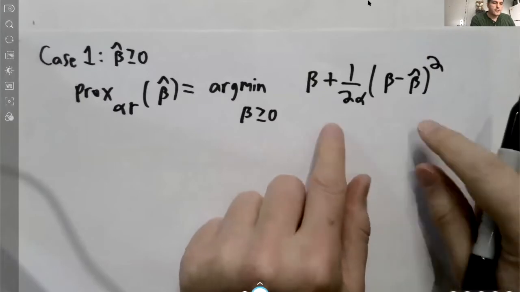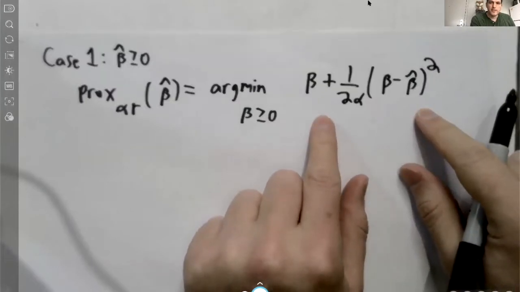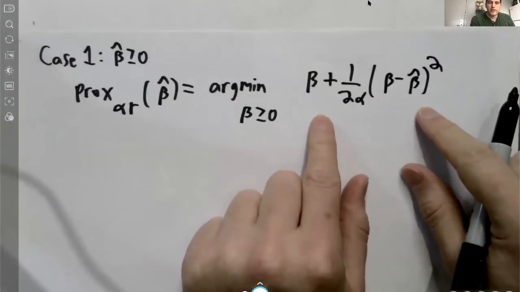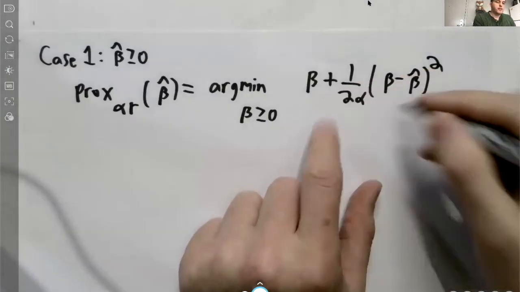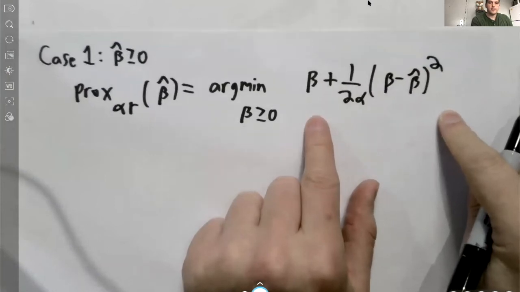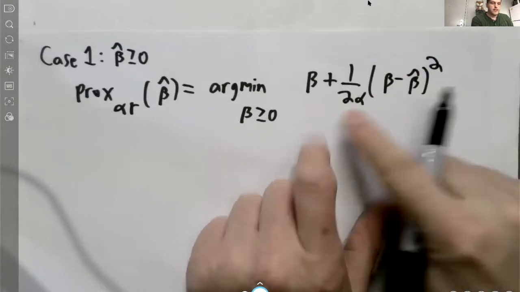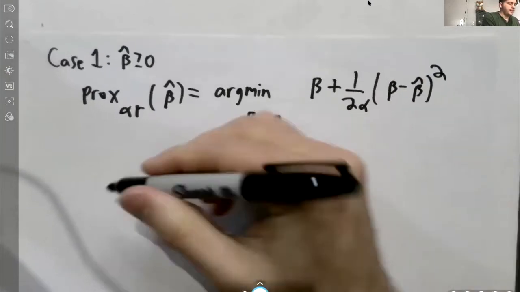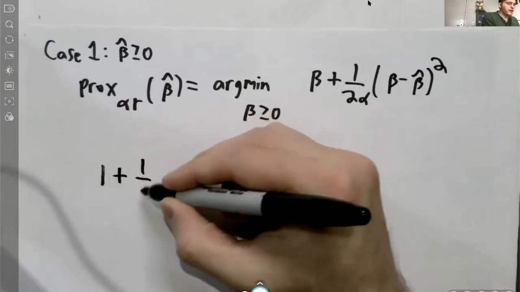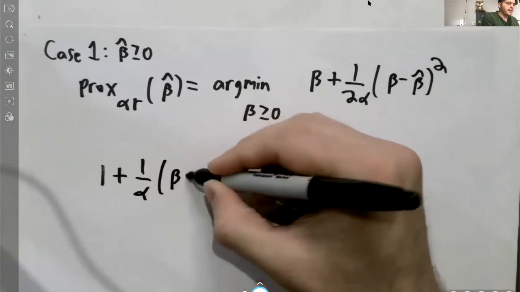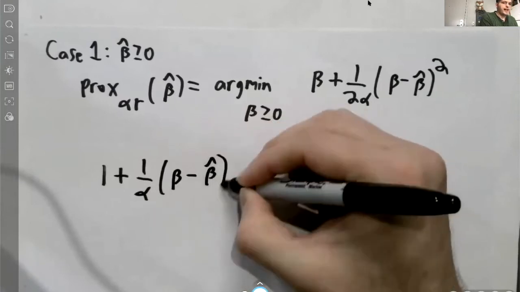So let's find the vertex of this parabola. Let's find the minimizer for this quadratic function. And we can find the minimizer just by setting the derivative equal to 0. The derivative of this function of beta is 1 plus 1 over alpha times beta minus beta hat.